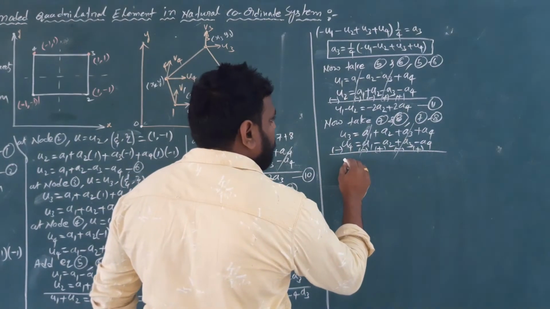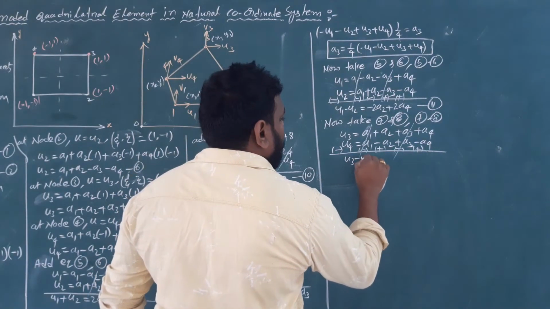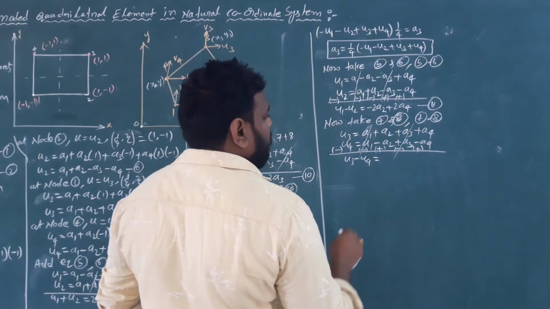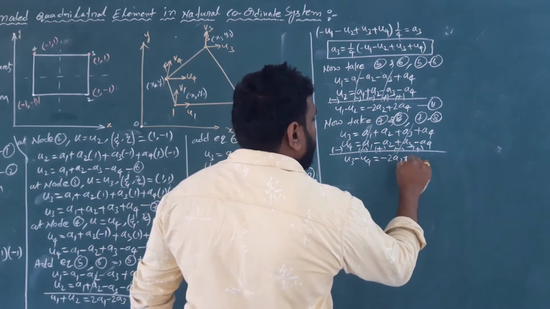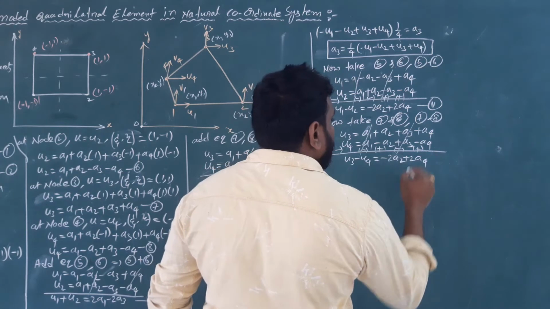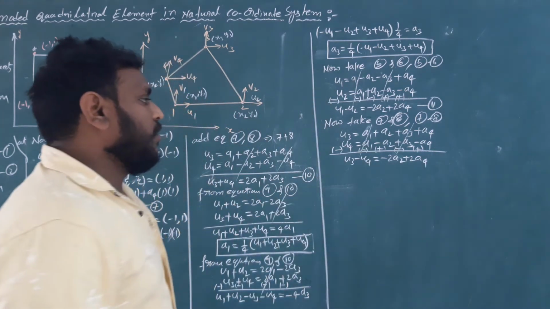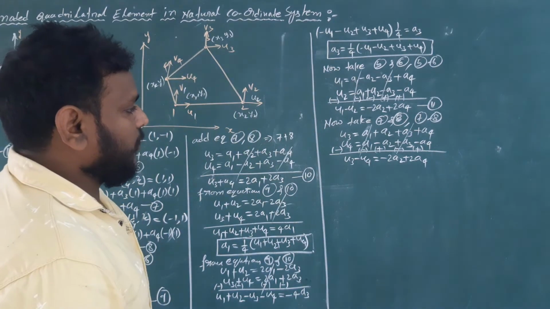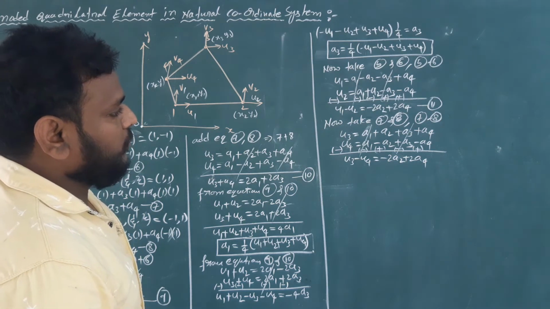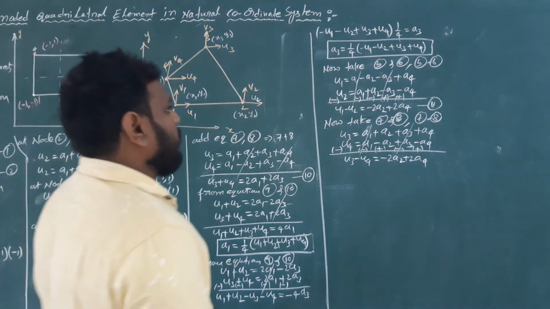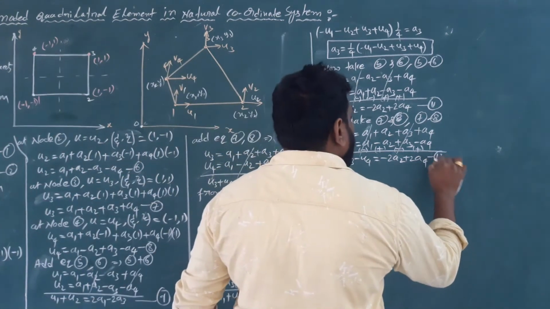So remaining is u3 minus u4 is equal to 2a2 plus 2a4. Okay, so this is equation number 12.